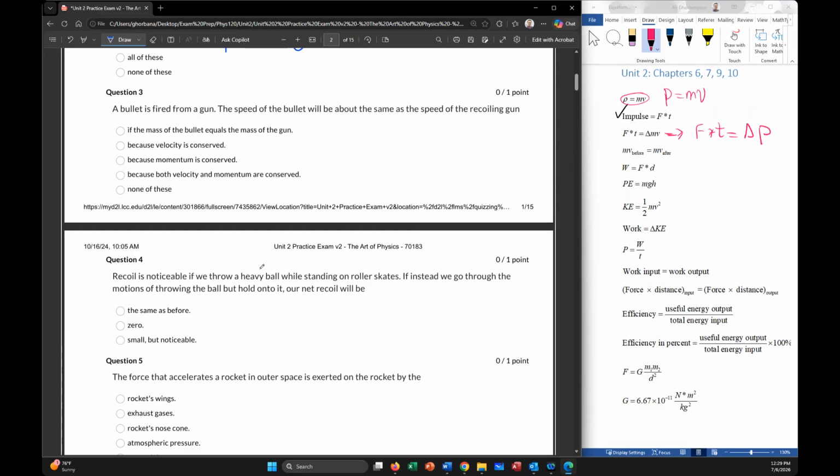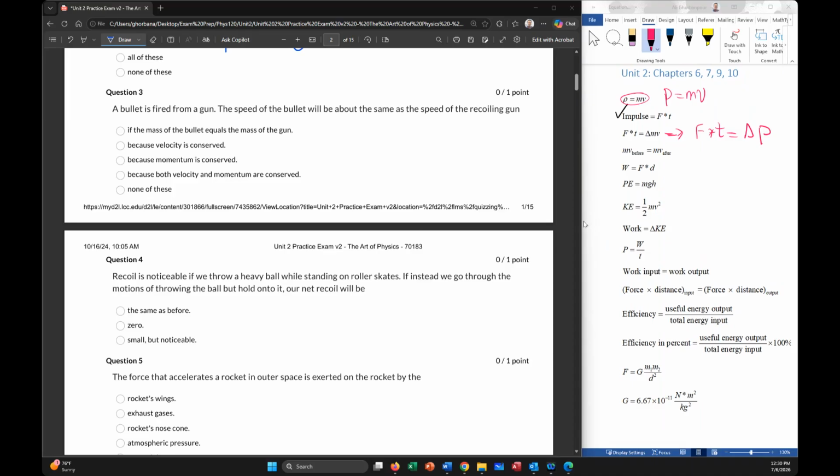Okay, so if the mass of the bullet equals the mass of the gun, because the velocity is conserved, because the momentum is conserved, because both velocity and momentum are conserved, none of the above. Which one do you think is the right answer? Those who are at home, you can type in the chat.